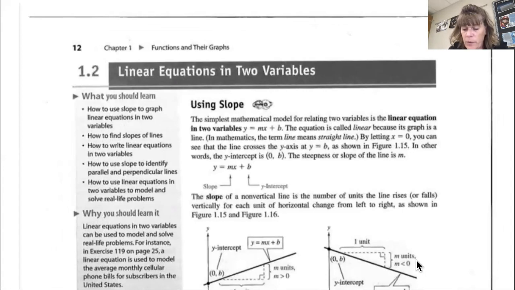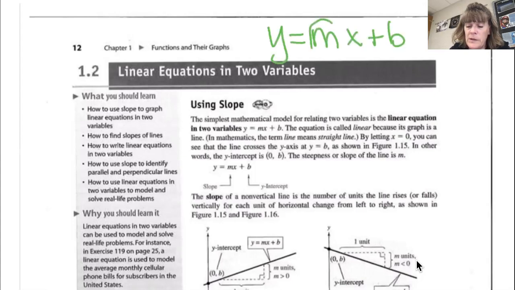Okay, so what we're first going to talk about is slope, using slope. Slope is the steepness of a line. We know that it is in the equation itself, y equals mx plus b. The slope is the m.